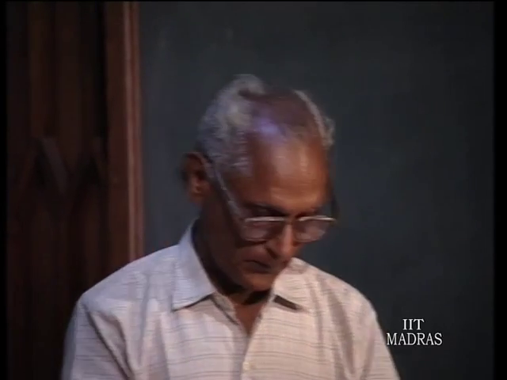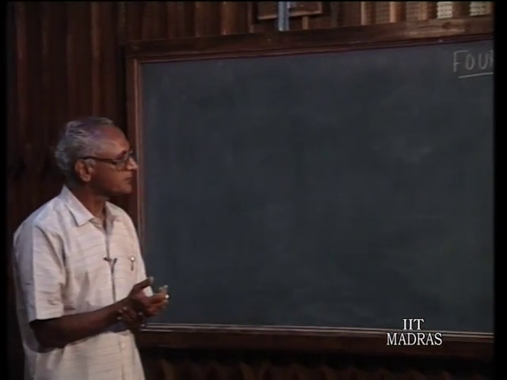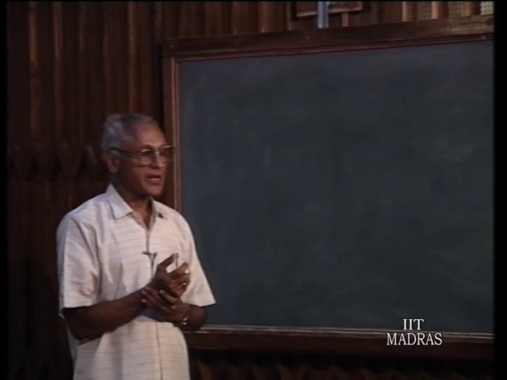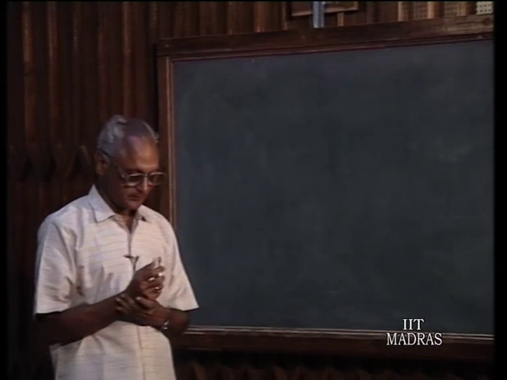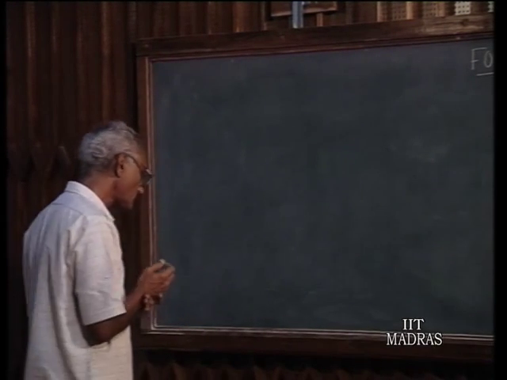After having introduced ourselves to the concept of Fourier integral and Fourier transform, now let us look at the points of comparison of the spectra of a periodic signal and an aperiodic signal.